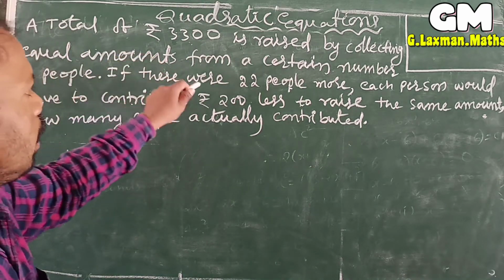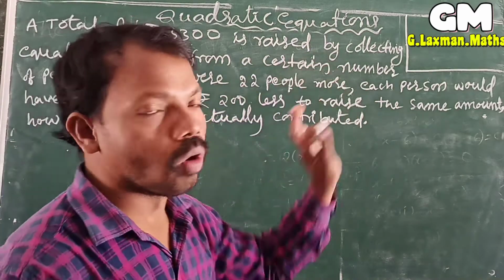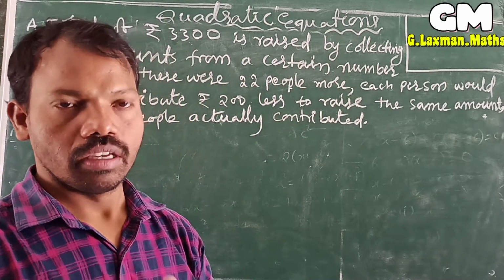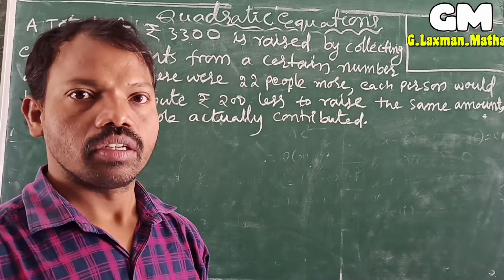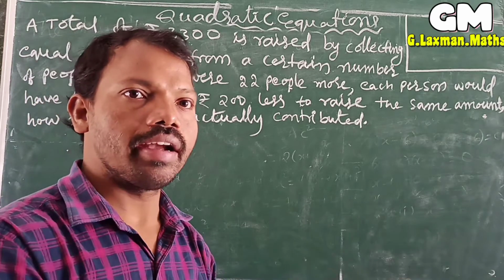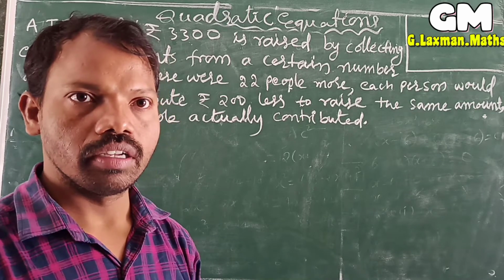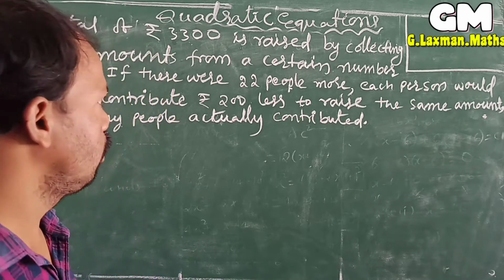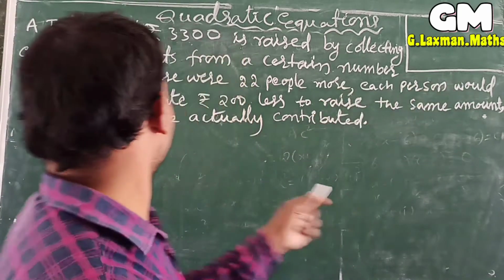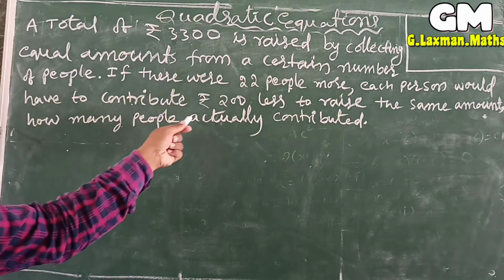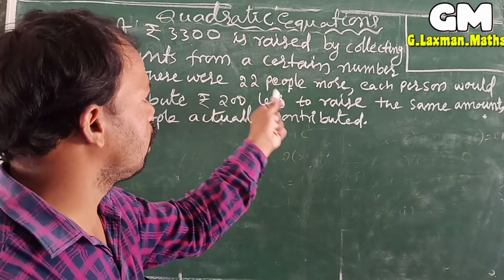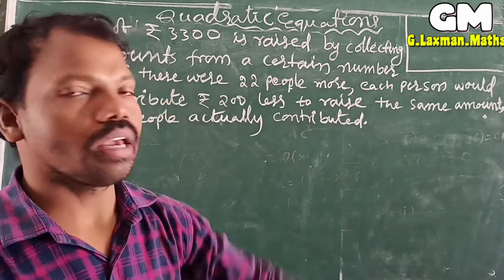If there were 22 people more, that means 22 more people are added, additionally joined in that group of people, each person would have to contribute rupees 200 less to raise the same amount.